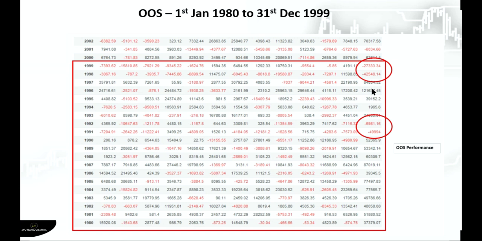This tells us that the portfolio performed exceptionally well during these historic regimes, but it was not without its losses. In fact, in 1998 and 1999, sizable losses were incurred, resulting in the maximum drawdown at the end of this out-of-sample period.